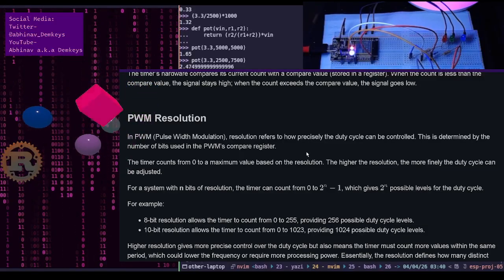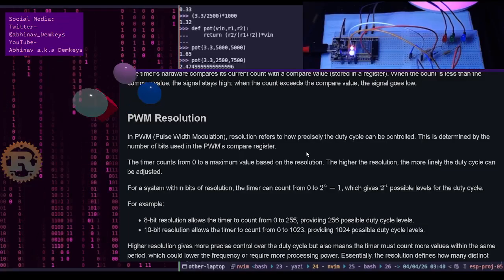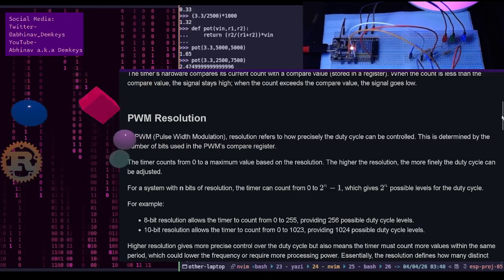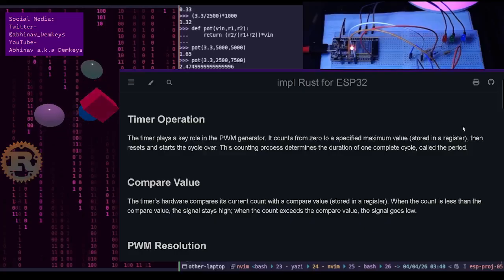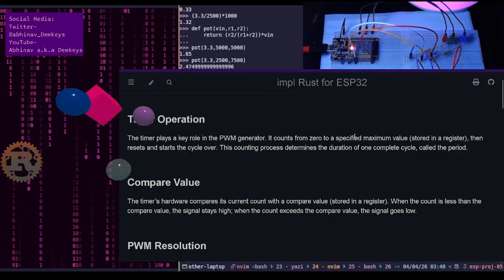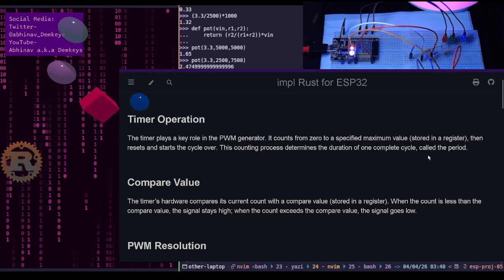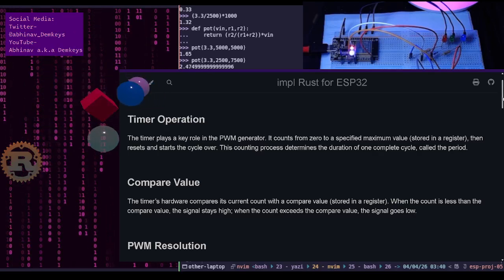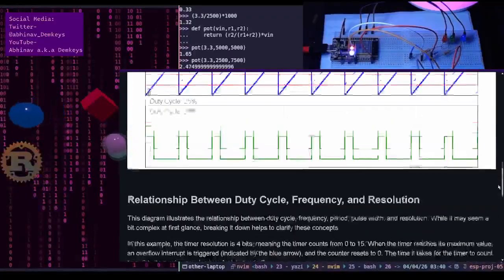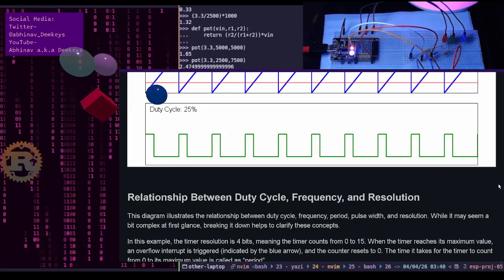But then, okay, what would be the difference between a period and a duty cycle? Because what it's saying here is that this counting process determines the duration of one complete cycle called the period. Let me ask Gemini.